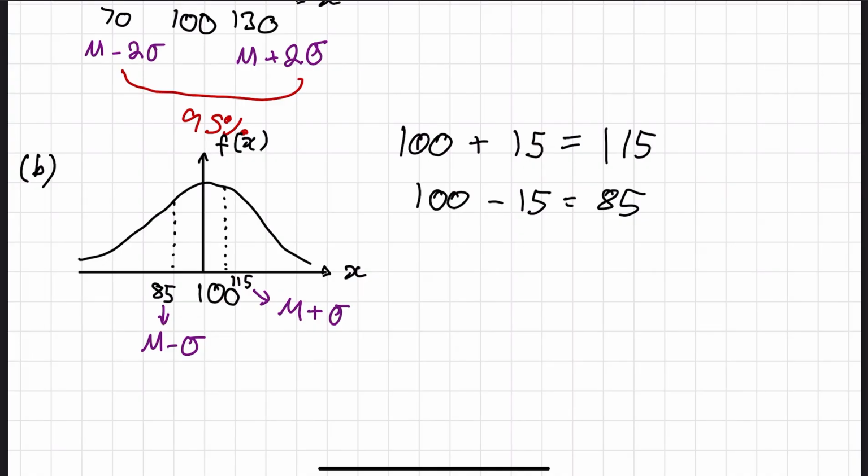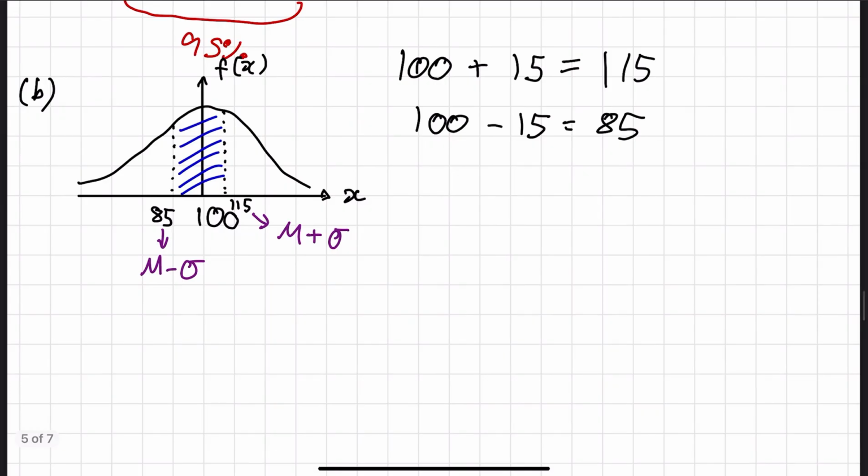And we know that this area here is 68%, because approximately 68% of the data lies within 1 standard deviation of the mean. And that is one of the facts that you need to have ready to go. So I know 68% of the data is here.